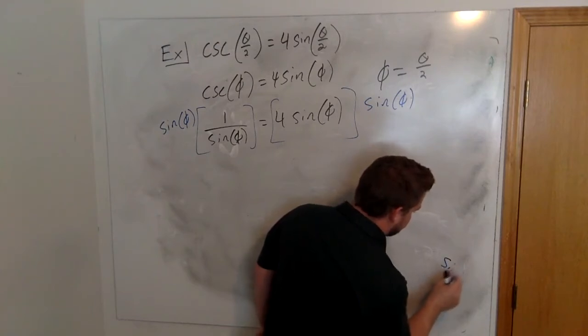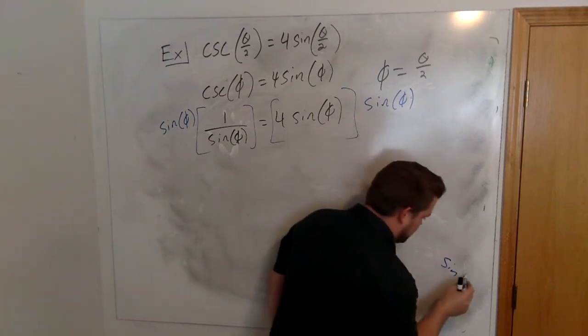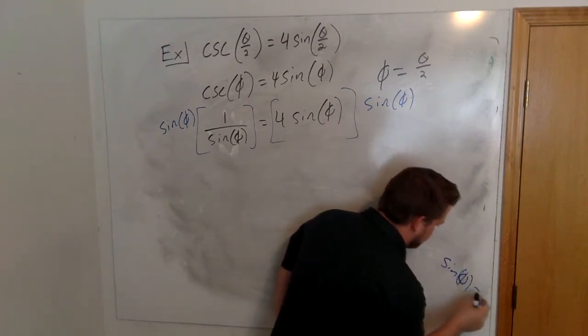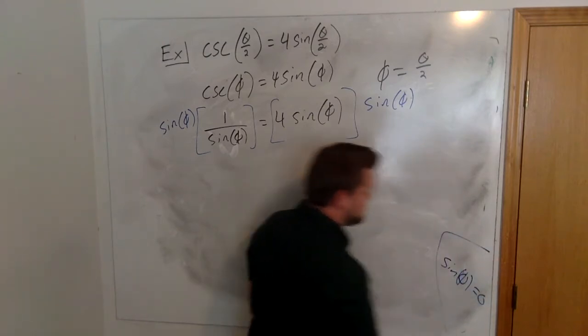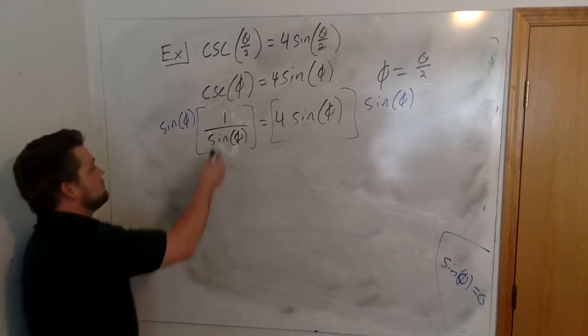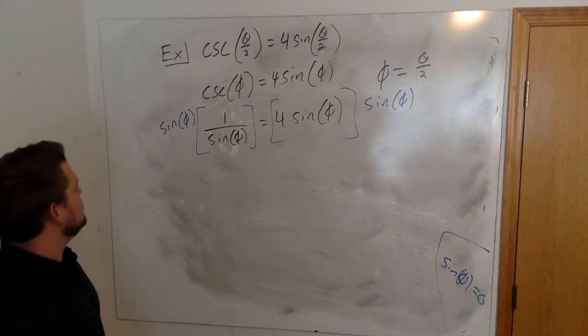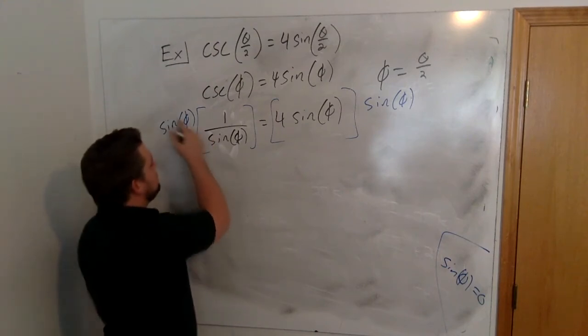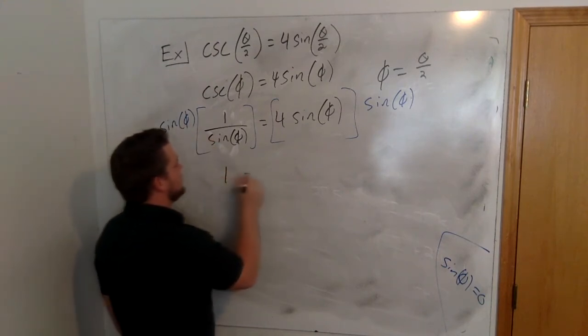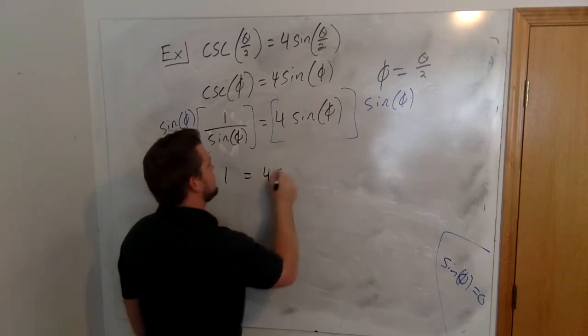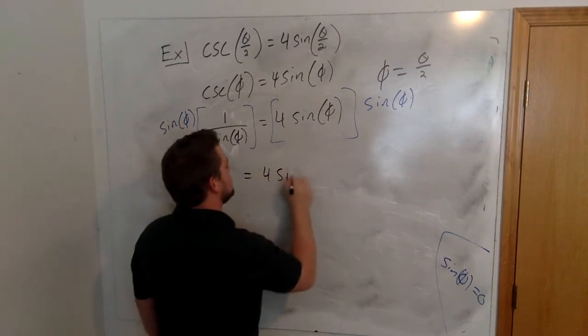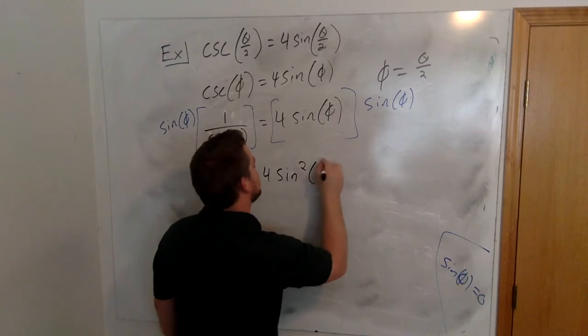I don't know if we'll need that, but let's be a little bit careful. Otherwise, we'd be dividing by 0. Okay, so on the left-hand side, we're just going to get a 1, and on the right-hand side, we're going to get a 4 times a sine squared of phi.